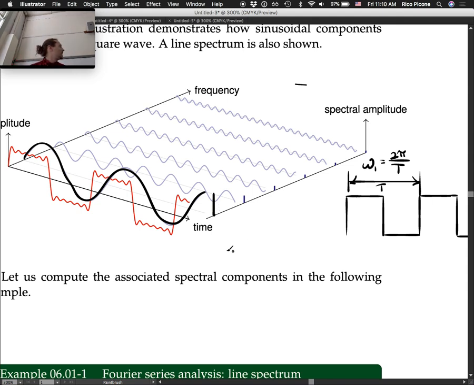And then the next harmonic is at a higher frequency, an integer multiple of the fundamental frequency.